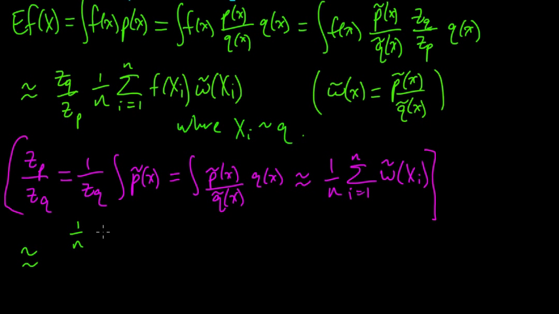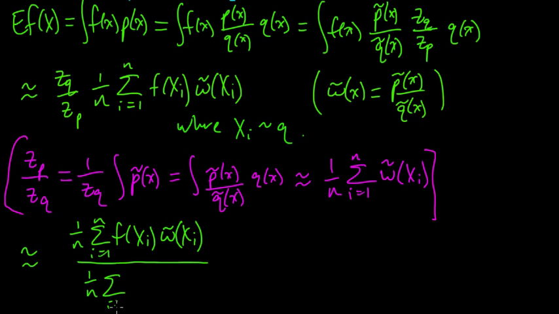So it's 1 over n, sum as i goes from 1 to n, f of xi w tilde xi, divided by Zp over Zq, which is this, w tilde xi.